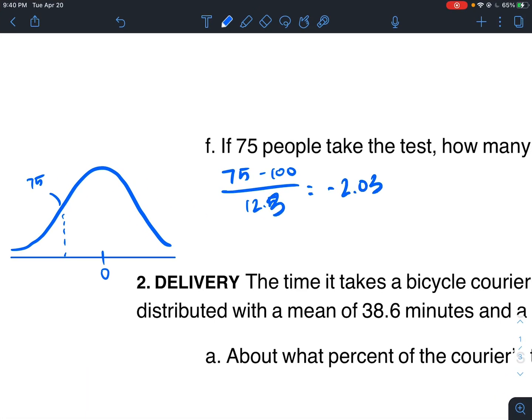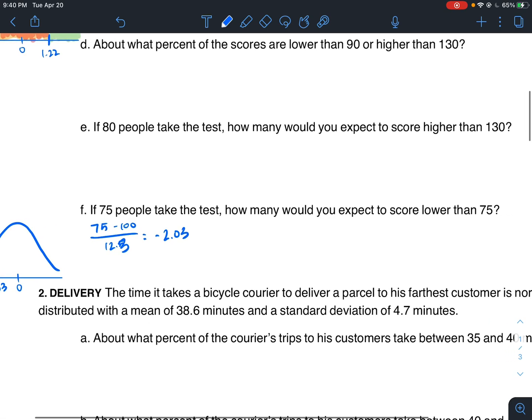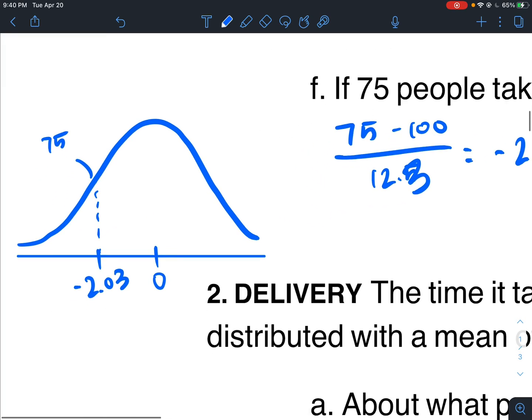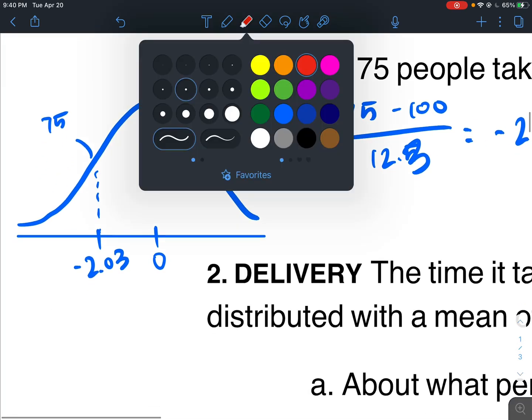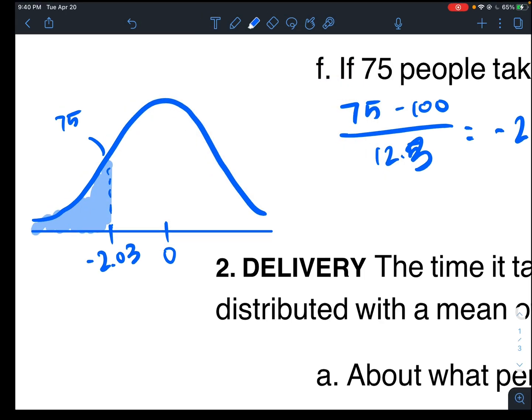So that's my z-score. I want to find how many people are expected to score lower than that, so let's find the area under the curve for the z-score of negative 2.03.